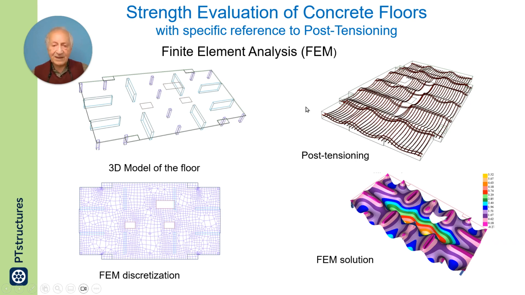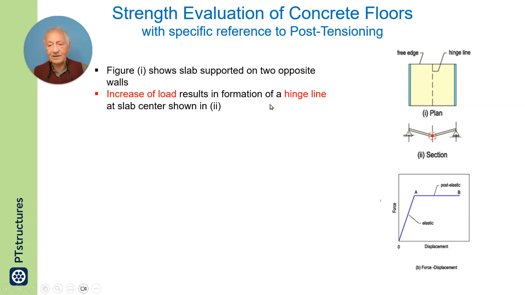So that would be your next step to see whether you can make sure that the structure is safe. Now, if the finite element doesn't work, then the next step is the yield line analysis, which is the focus of this presentation.